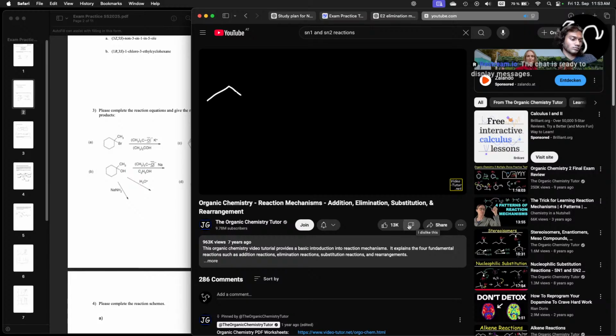Now let's say we have this molecule, 2-butanol, and we're going to react it with concentrated sulfuric acid with heat. So this is going to favor an elimination reaction. And so what's going to happen is we're going to remove or eliminate a hydrogen atom and the hydroxyl group, giving us an alkene.